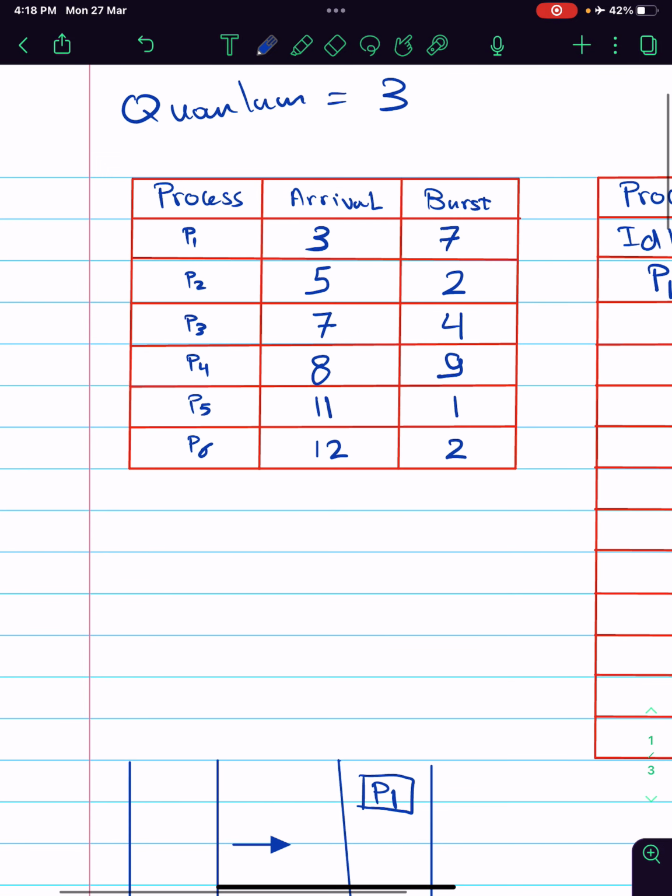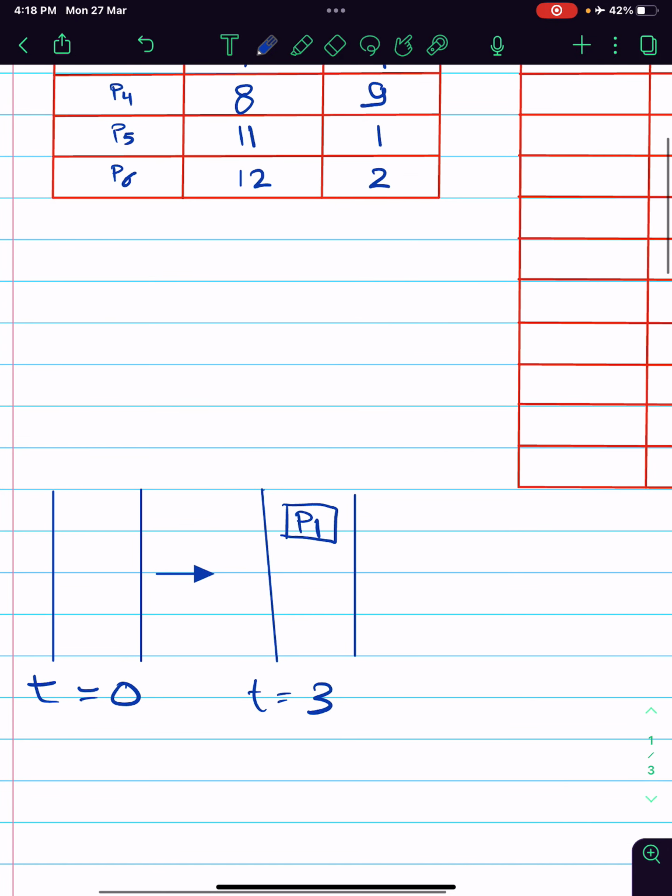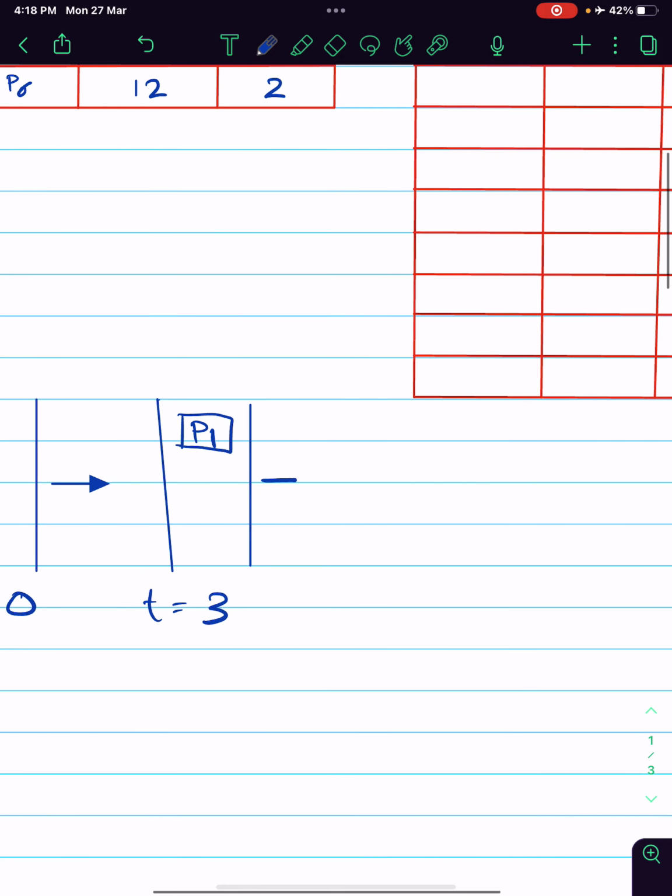If you look at the table here, P2 arrives at time 5. So at T equals 5, you have P1 in front of the queue, and you have P2 after.